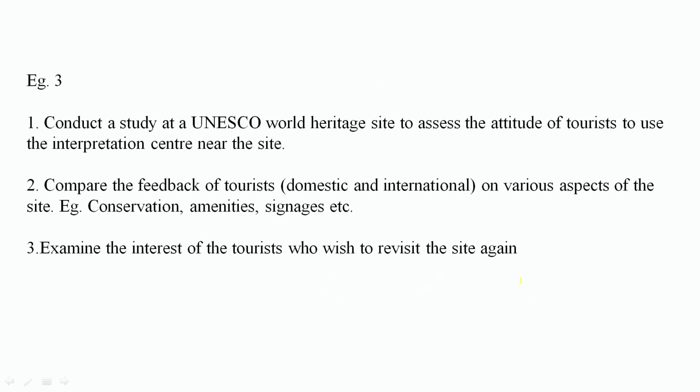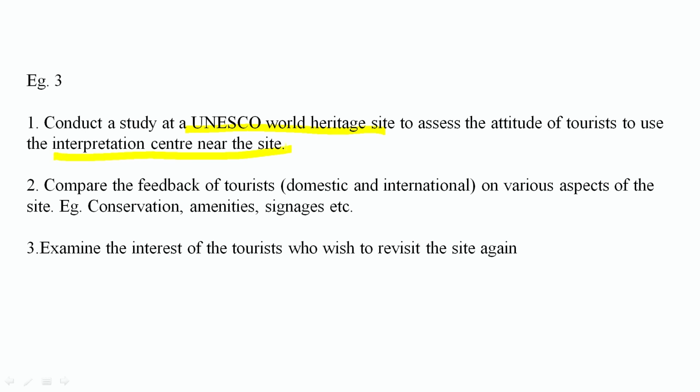And a few more working examples I would like to give you, because when you do field study, you have a complete understanding of quantitative research. See, we have several UNESCO World Heritage Sites in India. We also have interpretation centers near the site.